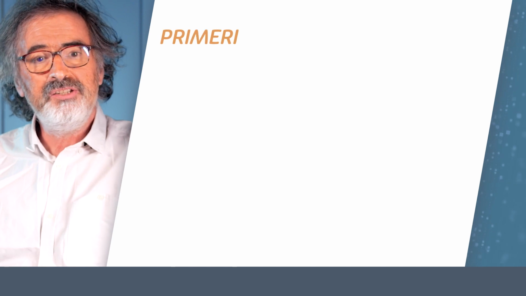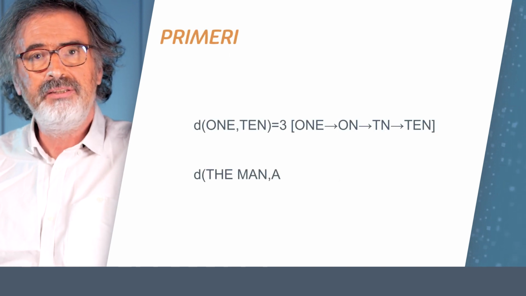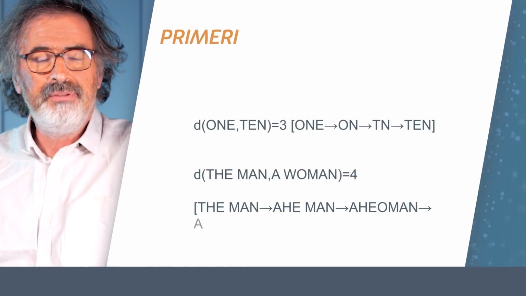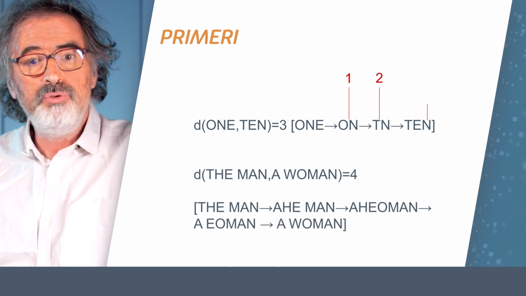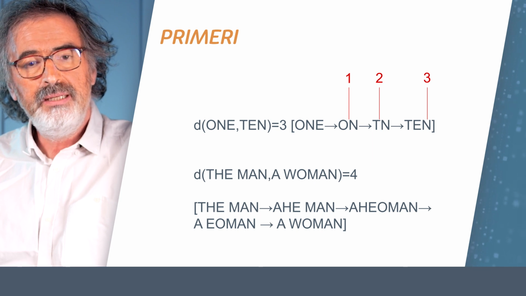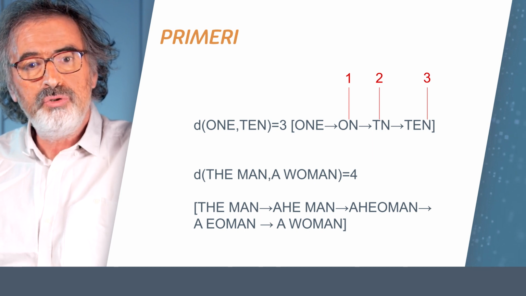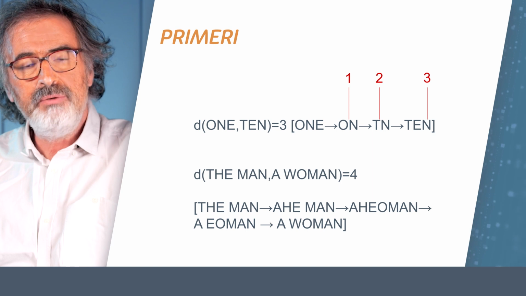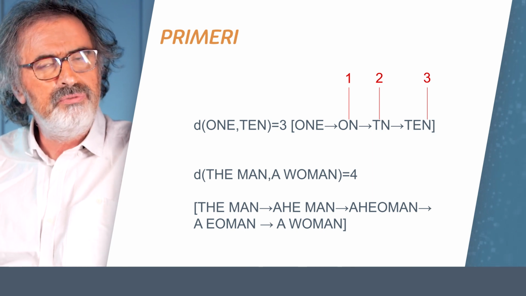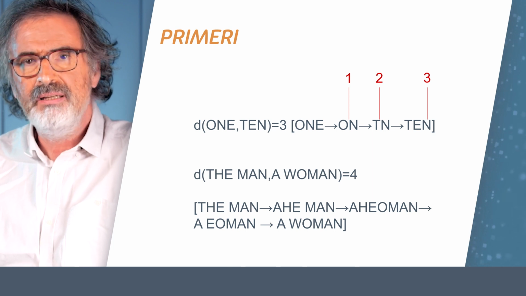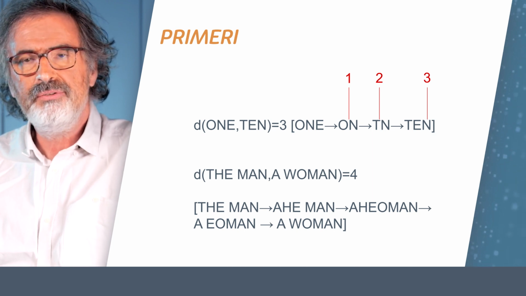For example, the distance between 1 and 10 is 3, because there is a path of length 3, which is: 1 is transformed into on by a deletion, into tn by a substitution, and then from tn we go to 10 by an insertion. Of course, this is not a proof that it is 3. This is a proof that it is at most 3.